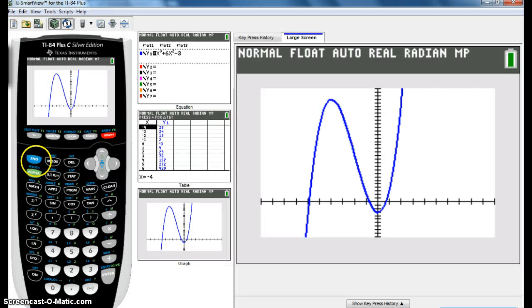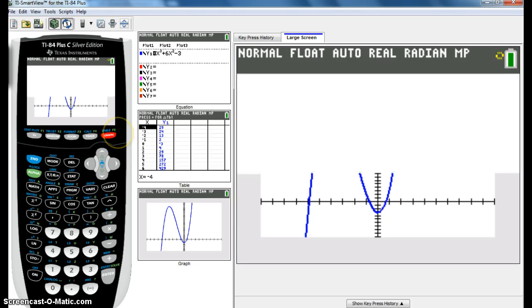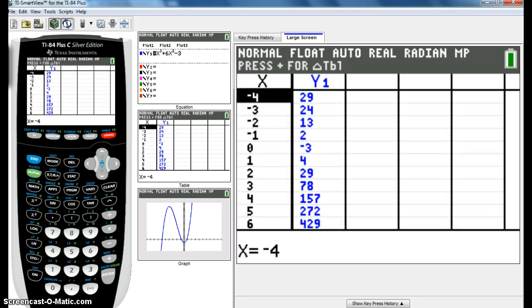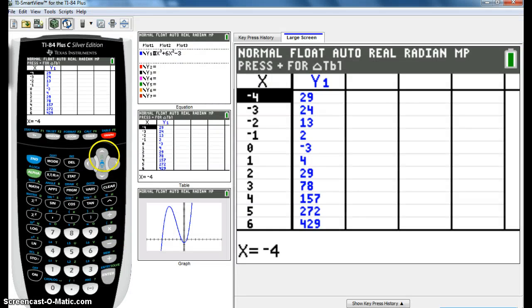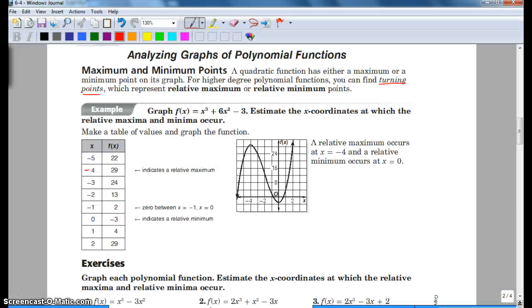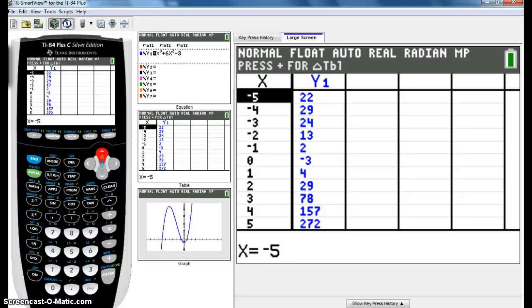Furthermore, more importantly, let's hit second graph. So if we look at our table of values, they start at negative 5, and negative 5 should give us, there it is, 22. Negative 4, 29. Negative 3, 24. Negative 2, 13.